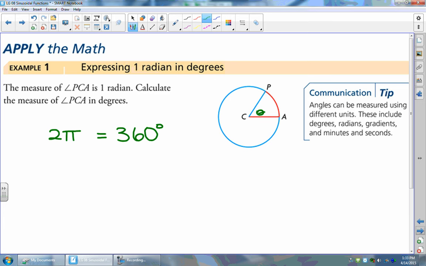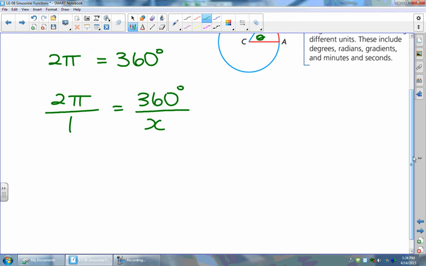So what we can do is set up a proportion. 2 pi radians is to 1 radian what 360 degrees is to how many degrees. So how many degrees would be equivalent to 1 radian?